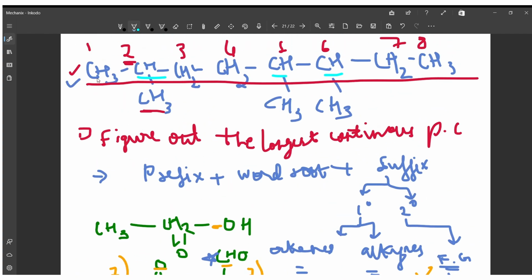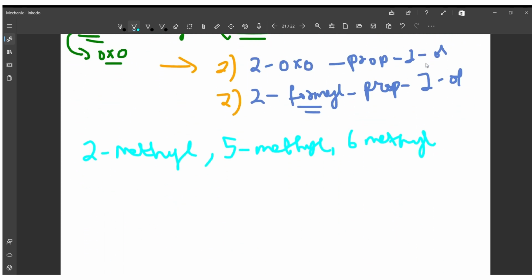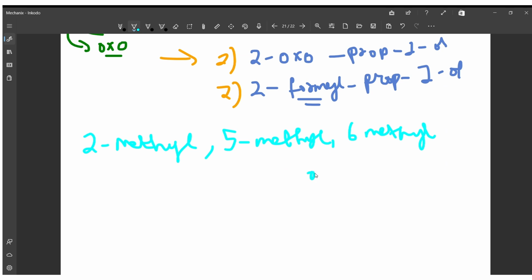What's the entire thing? The number of carbons are 8, so that will be octane. So instead of writing this in such a huge manner, a better way would be 2,5,6-trimethyloctane as the appropriate IUPAC name for this compound.